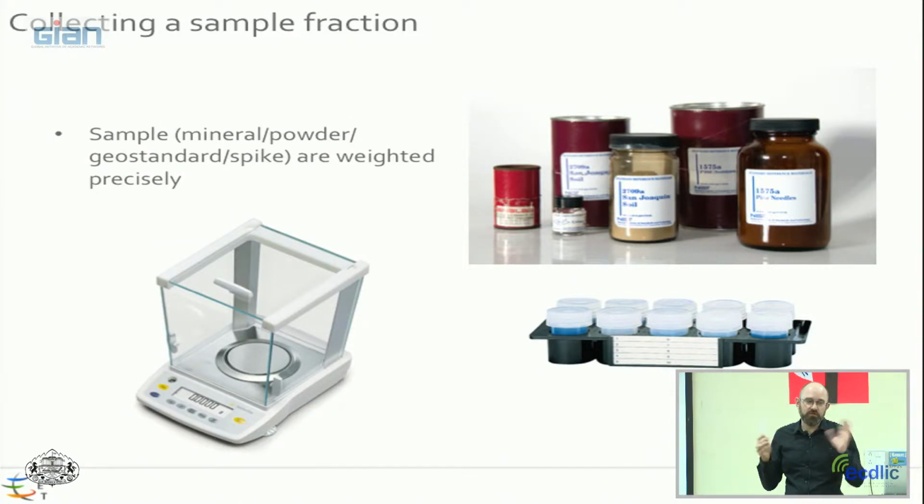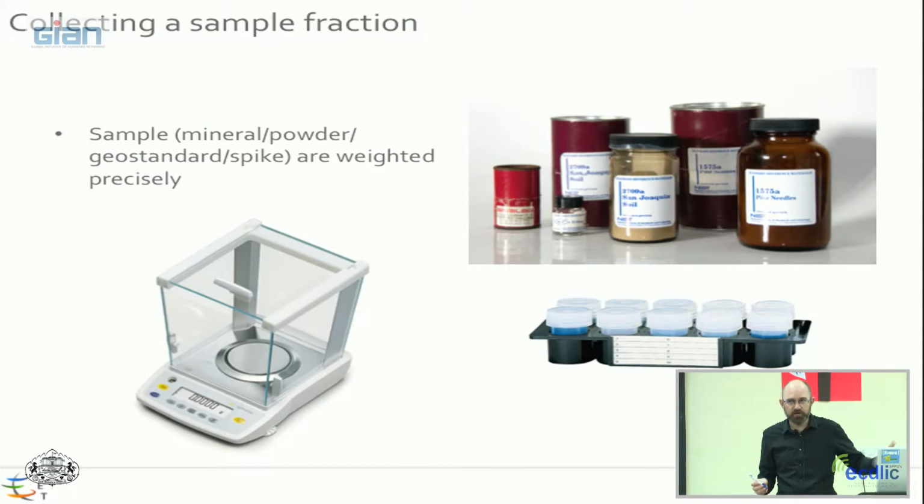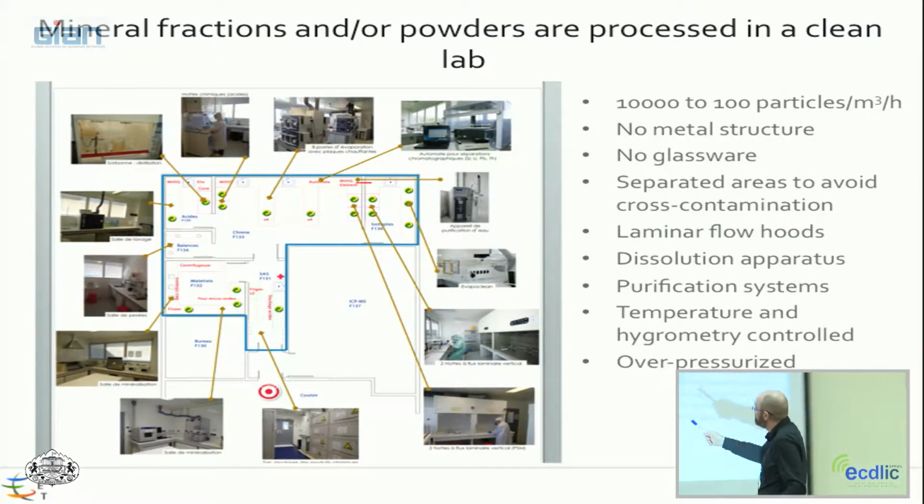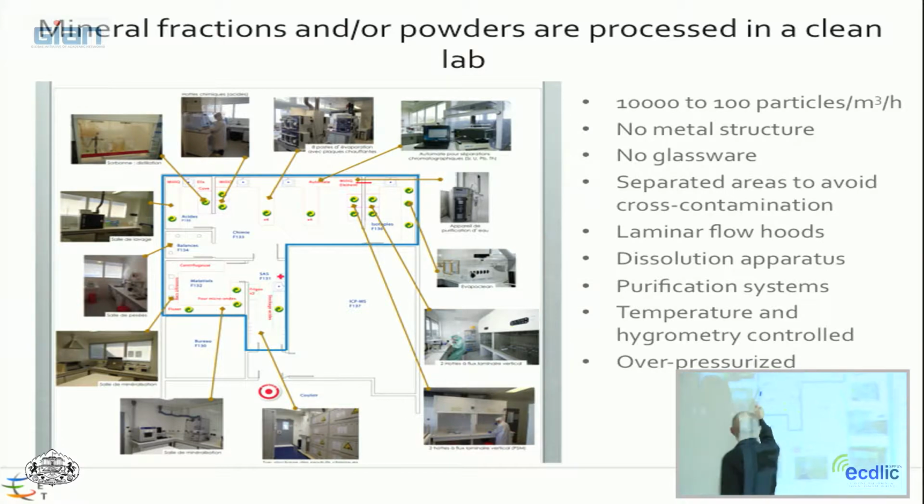So I'm going to take an example with whole rock. Okay, we forget about minerals. I want to measure the trace elements and the isotopes in my whole rock sample. This is normally what I'm doing when I'm working in a clean lab. So there is a specific place in the lab here, the weighing unit, where you have the weighing area.